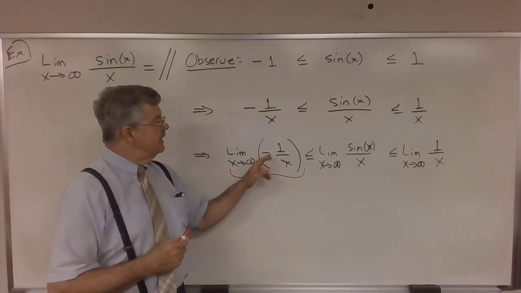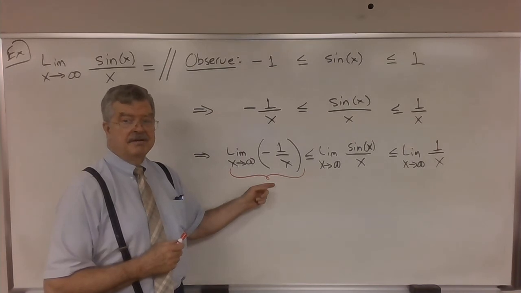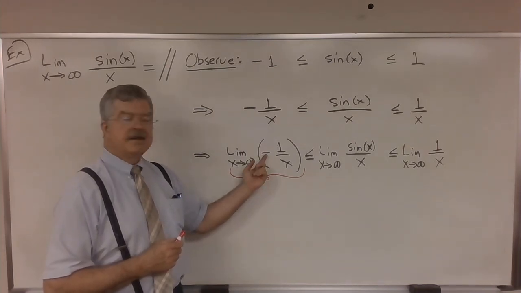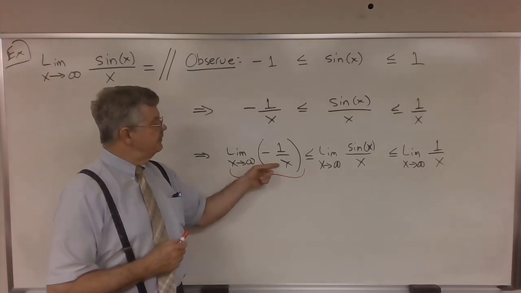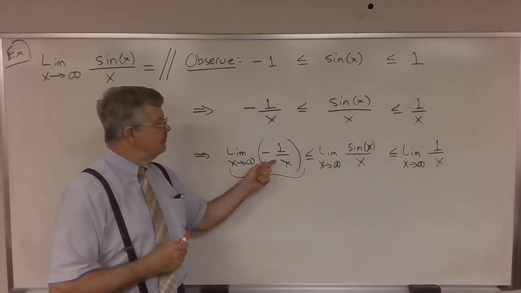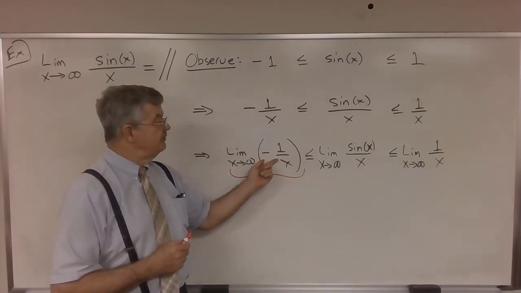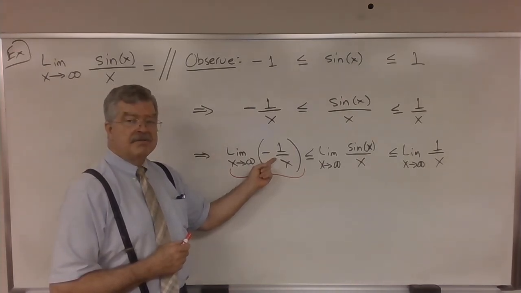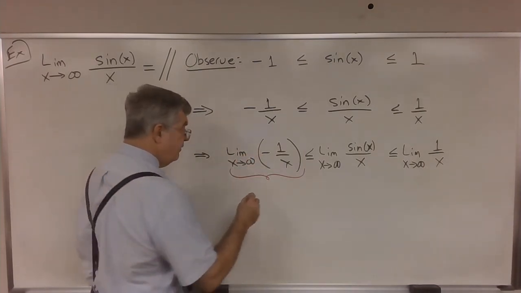So a limit where we have little number over big number, that's going to go to 0, isn't it? And what about this negative sign here? Well, the limit of this expression is the number that this expression is approaching. And this expression, even though it's negative, is approaching 0. So that's the limit.